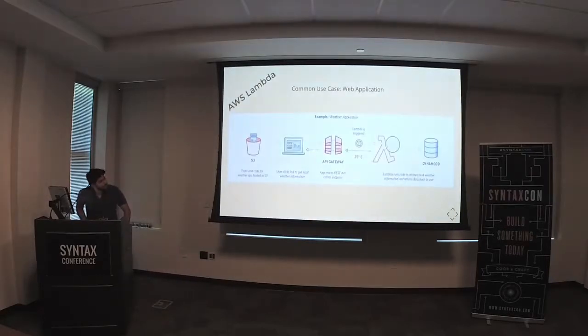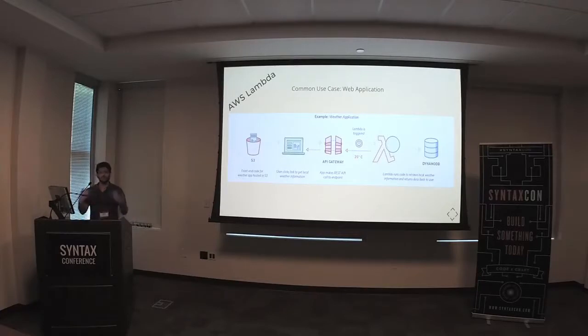Let's go through a couple common use cases just to show you guys what it means to be a trigger for Lambda. So you've got some front-end code sitting in S3 that gets shown on a page when a user clicks on it. And then the user wants some more dynamic information like local weather updates. So they make a request for that. It hits the API gateway.